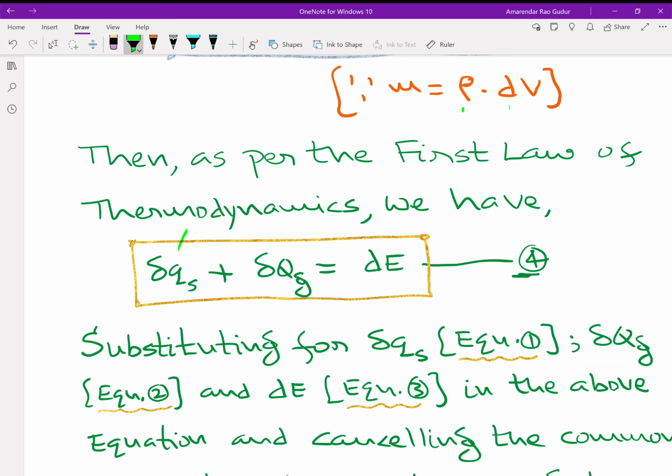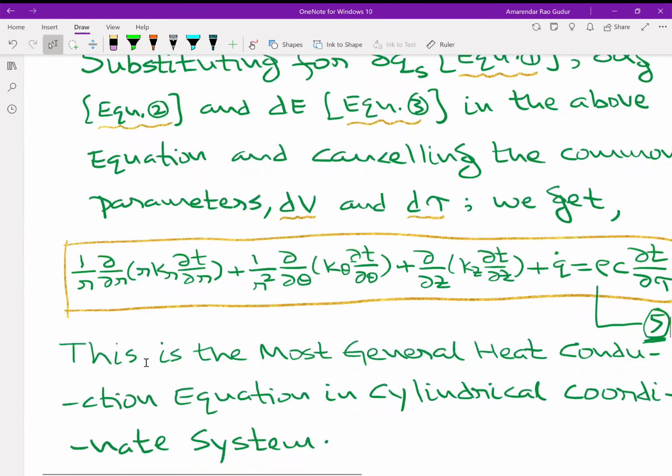So we substitute for del Qs, we substitute for del Qg, we substitute for dE in this energy balance equation, and we cancel the common terms, volume and time, to get that most general heat conduction equation in cylindrical coordinate system as 1 by r del by del r r kr del T by del r plus 1 by r square del by del theta k theta del T by del theta plus del by del z kz del T by del z plus q dot is equal to rho c del T by del tau.